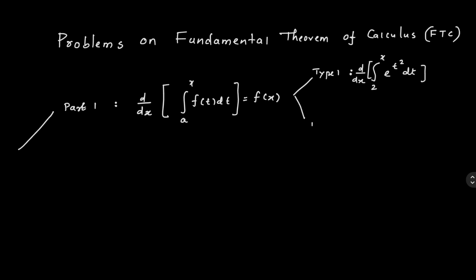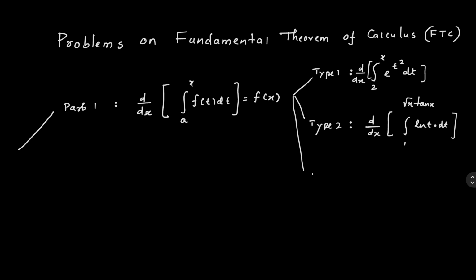Type 2 is applying the chain rule. For example, d by dx of the integral from 1 to root x of tan x ln t dt.